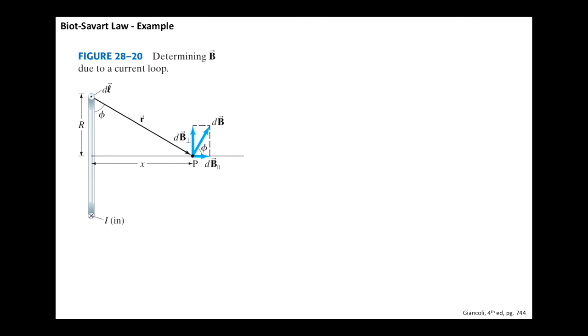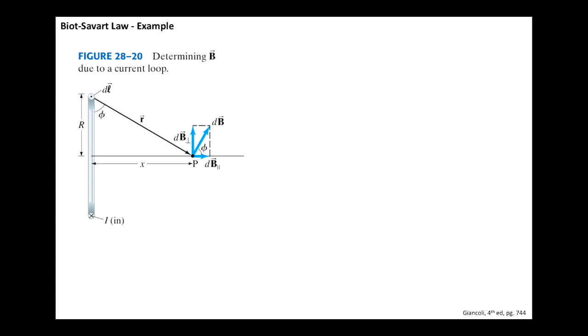Clearly, we could try to do this calculation at any number of points, but calculating it somewhere in the middle is going to allow for some symmetry that will make this calculation easier. And also, I think that if you think about this too much, it's a little bit depressing. All the work that we do in any of these problems is just to calculate the total magnetic field in one location.